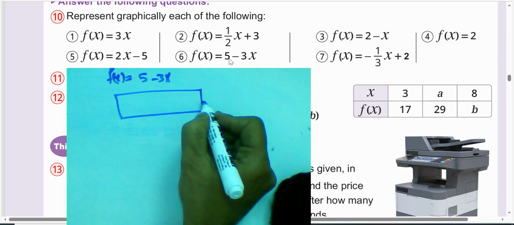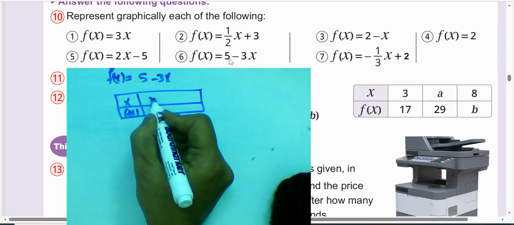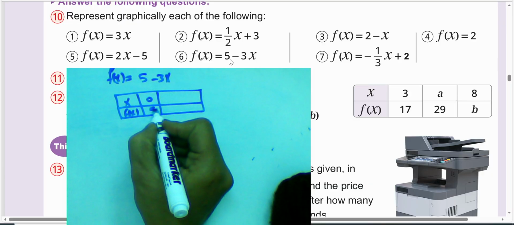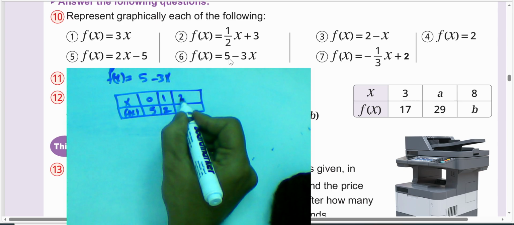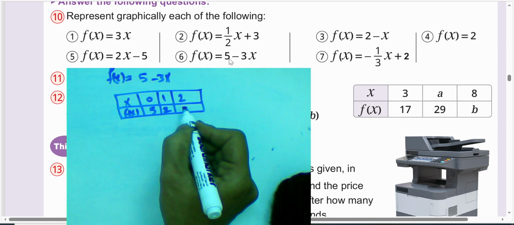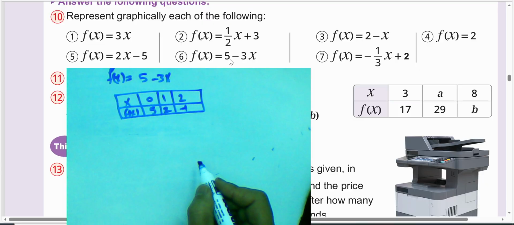Draw the table and find the image of x. Put x equals 0, 5 minus 0, it will be 5. Put 1, 3 times 1 is 3, 5 minus 3 equals 2. Put 2, 3 times 2 is 6, 5 minus 6, it will be negative 1.